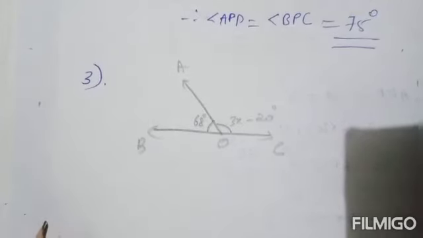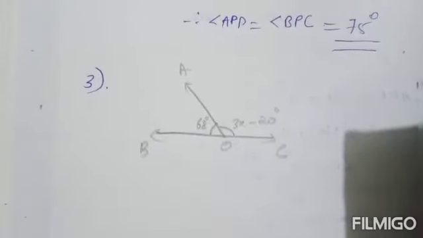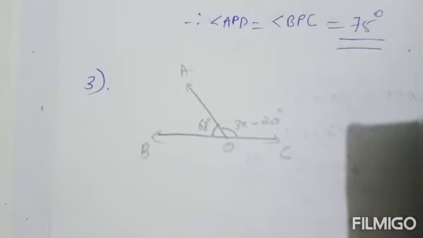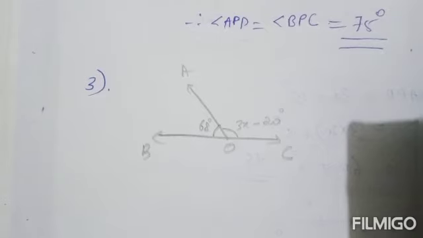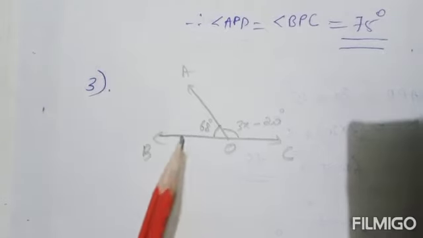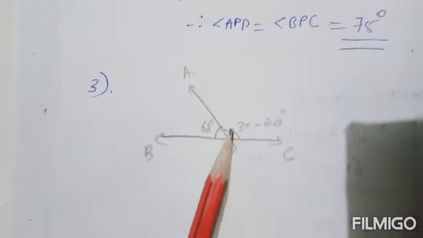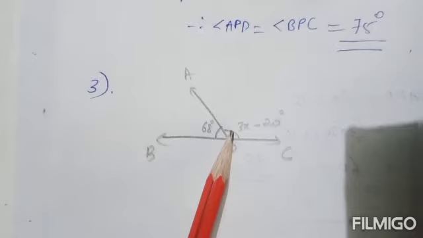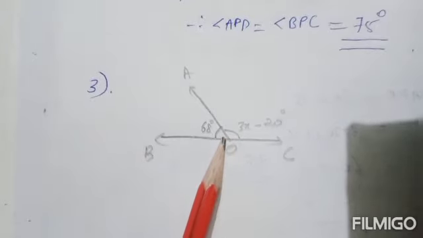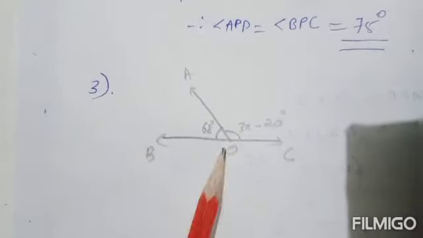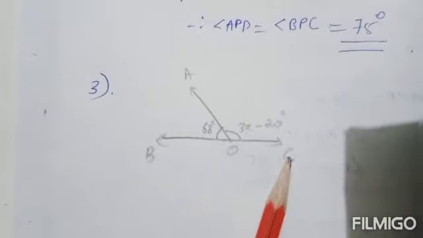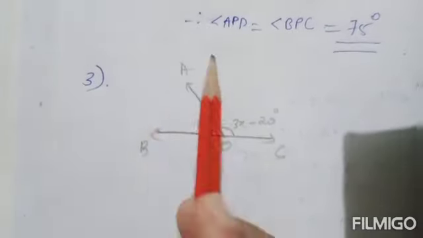Third question: the figure given alongside shows two adjacent angles AOB and AOC whose exterior sides are along the same straight line. Find the value of x. So you can see in this figure two adjacent angles AOB and AOC. Now exterior sides means OB and OC. These are the exterior sides. They are on the same straight line.